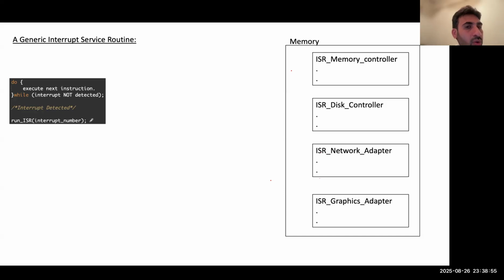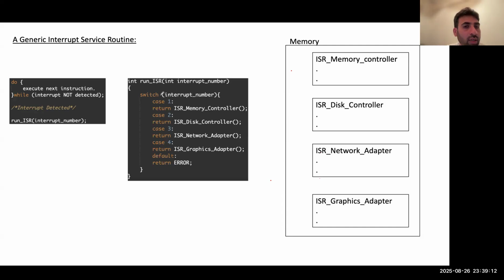Again, this is just pseudocode to convey the idea of how things work. You run this function, run ISR, which takes as an input the interrupt number. Remember, we said that if there are interrupts coming from different devices, we assign them an interrupt number. In the body of this function you have a switch statement, so based on the interrupt number, you jump to the correct ISR.